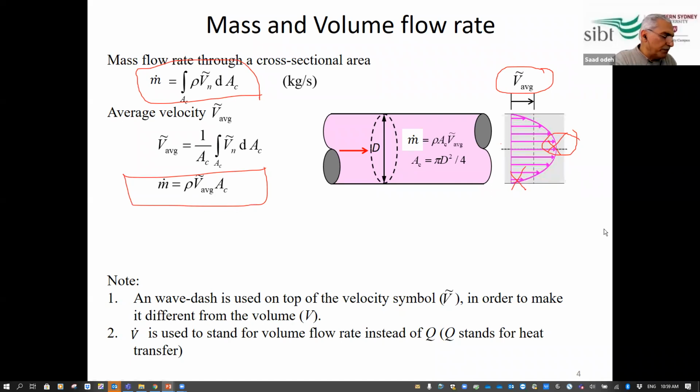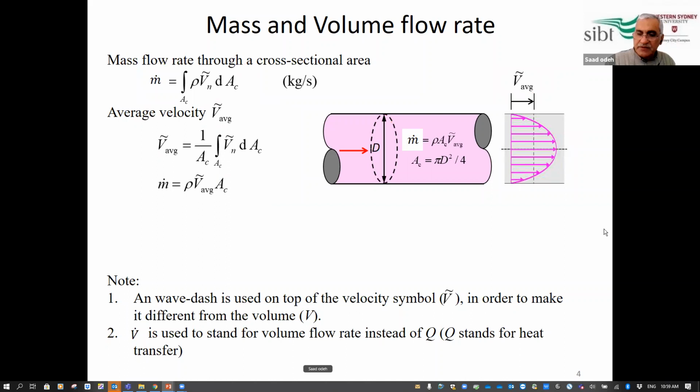So for example, for this tube, the sectional area, if I look at it from the side view, is simply a circle, like this one here. And if I know the diameter of the circle, then I can find the area of the circle, which is Ac, the cross-sectional area of the tube. So correct.